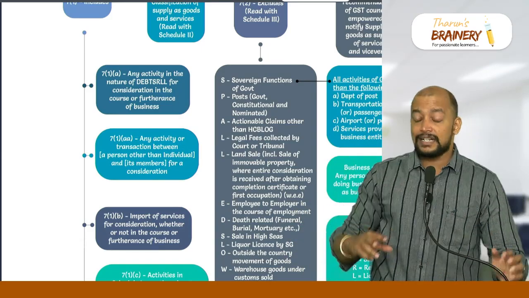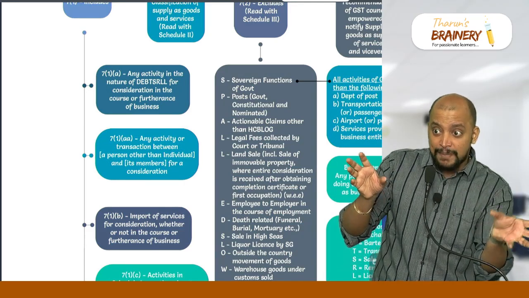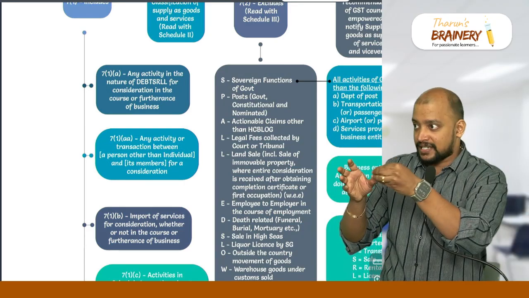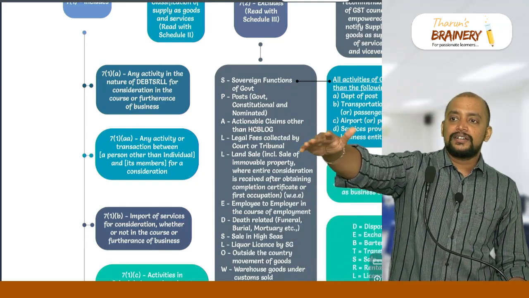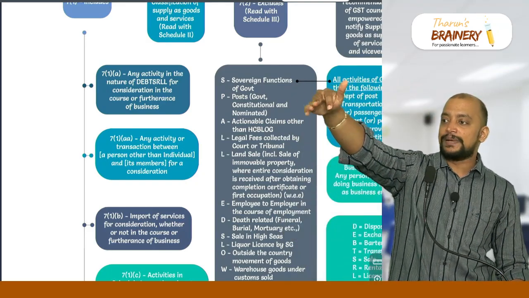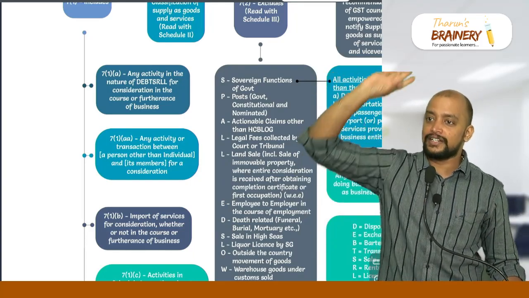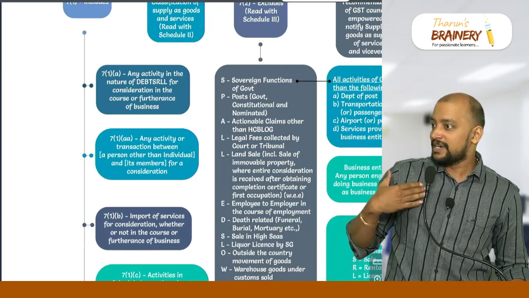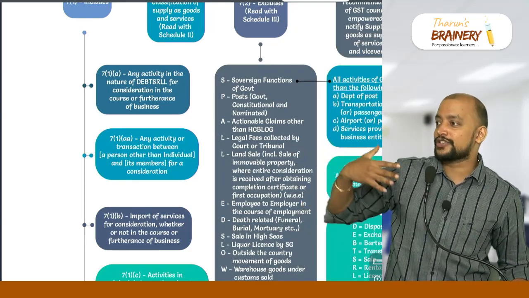But what is this, sir? If there is a separate agreement between the partner and the partnership firm to provide some services, for example, you are a non-teaching person, I am a teacher. We both started one coaching center. You understood? You have money, I also have money.